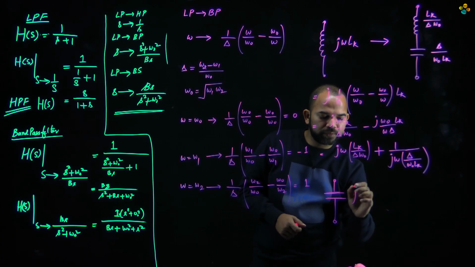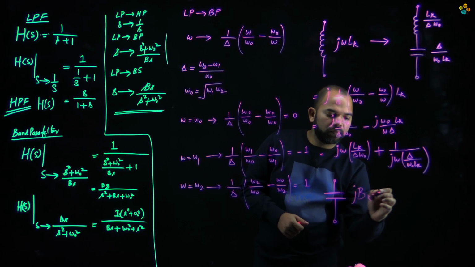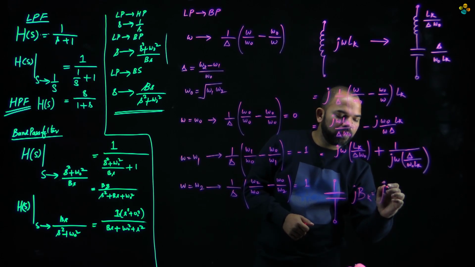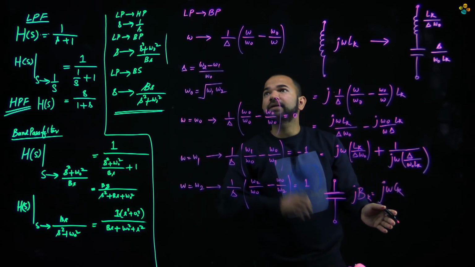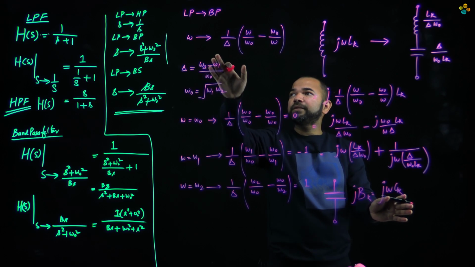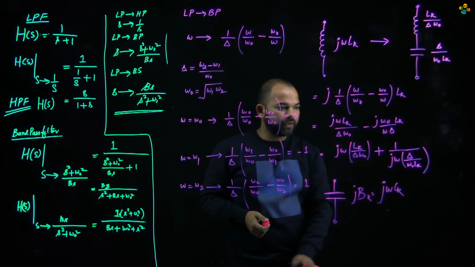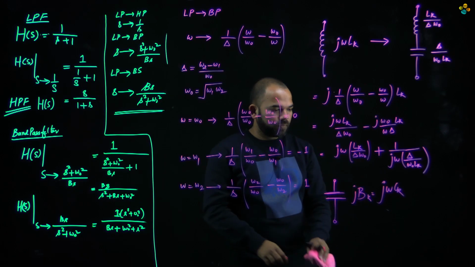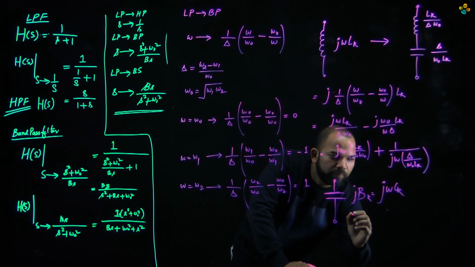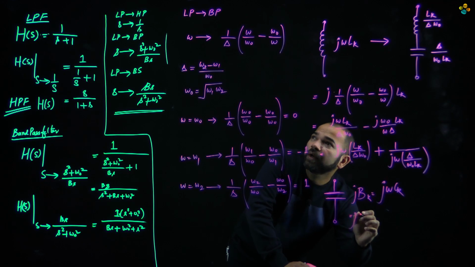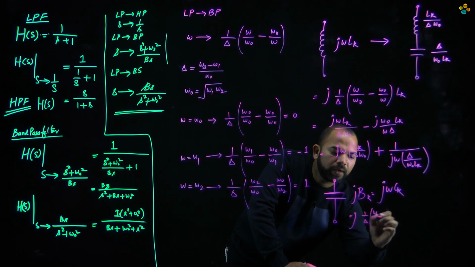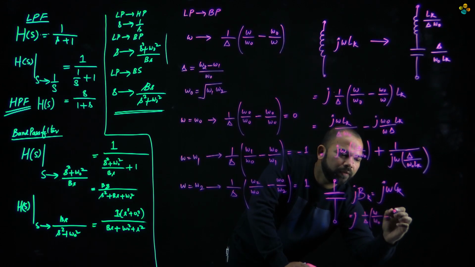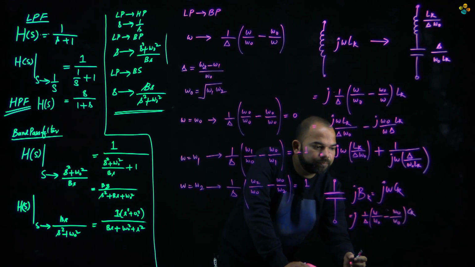So j Bk for a capacitance would be j omega Ck. Now we replace this omega of the low pass filter with the band pass filter configuration. What is going to change? We put j omega as 1 over del, omega upon omega naught minus omega naught upon omega, into Ck.